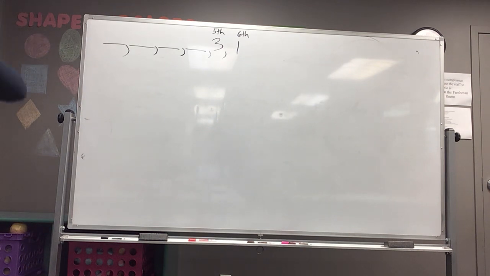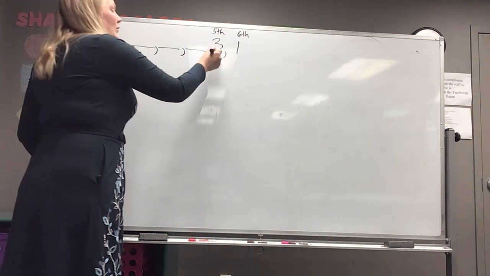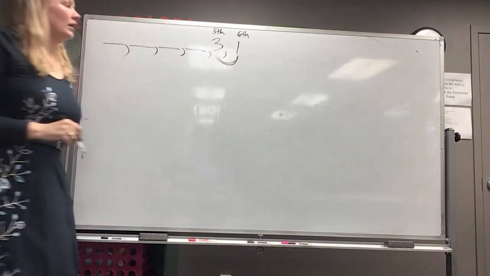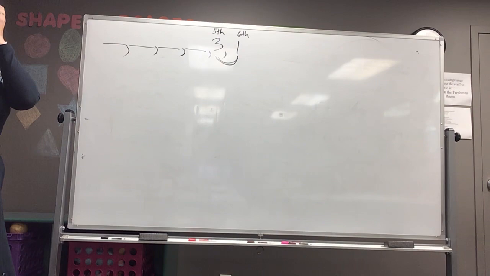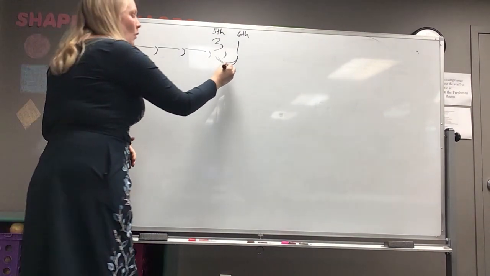How do we find the first term? Looking here, what's our common ratio? Divide by 3, or 1/3.